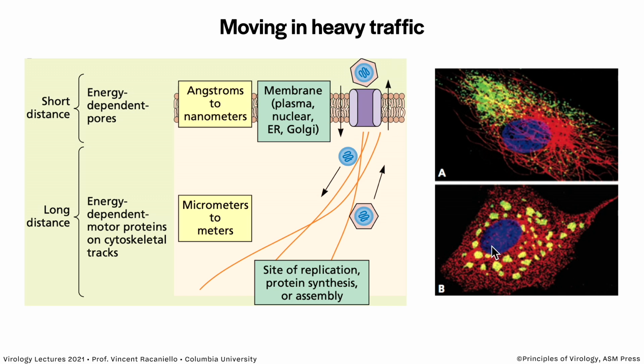And this, on the right, is an experiment in which we are demonstrating the role of the cytoskeletal tracks in transport. So this is a cell infected with vesicular stomatitis virus, both the top and the bottom. And on the top, the cell is stained three ways. Of course, the nucleus is stained with DAPI, which is a dye that stains the DNA blue.